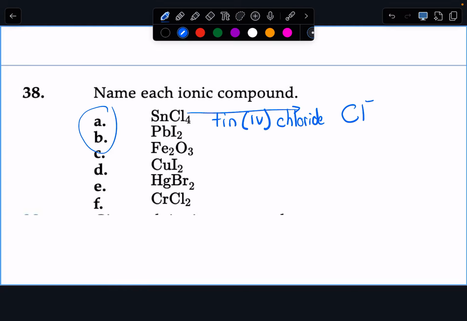Because if I had Cl- and I needed 4 of them to balance those out, I must have needed just 1 tin 4. Lead PbI2 is going to be lead 2 iodide.